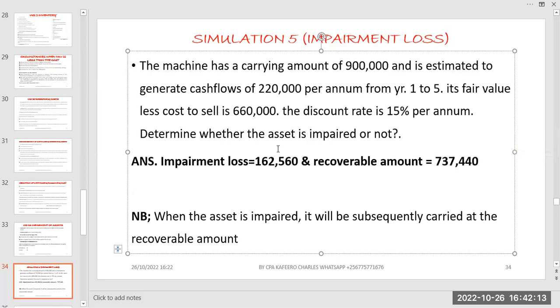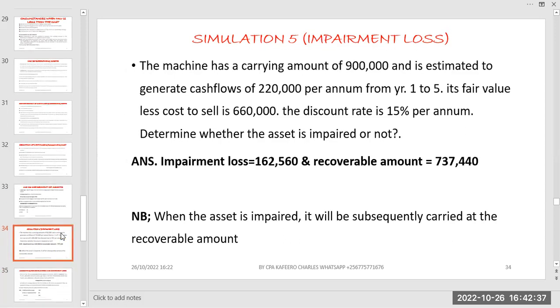By taking this loss to the profit and loss, even if you don't do any transaction, by the time you take this amount to the balance sheet, the net profit that you take to the equity section will already be less by this figure. So our thing will be balancing. Hope you can memorize that.